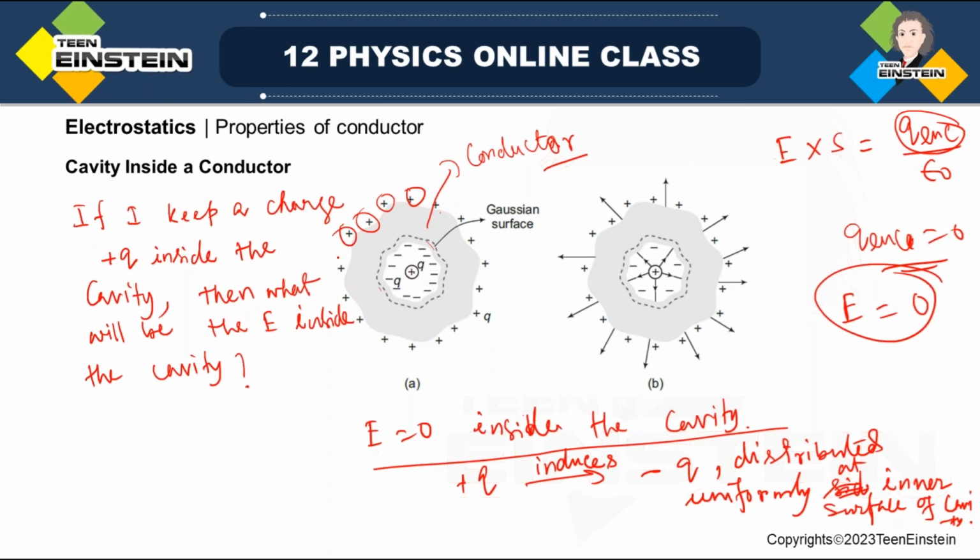Otherwise it is neutral. So due to this induction, we get positive charges.